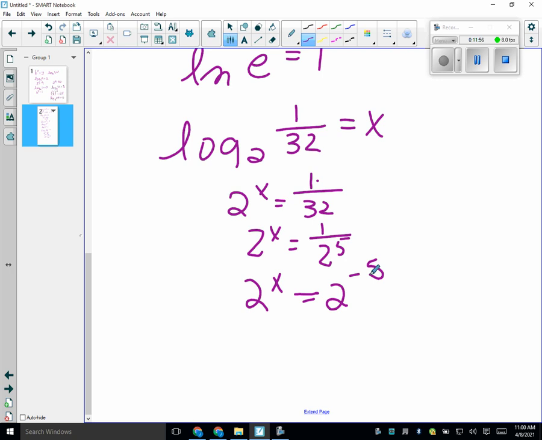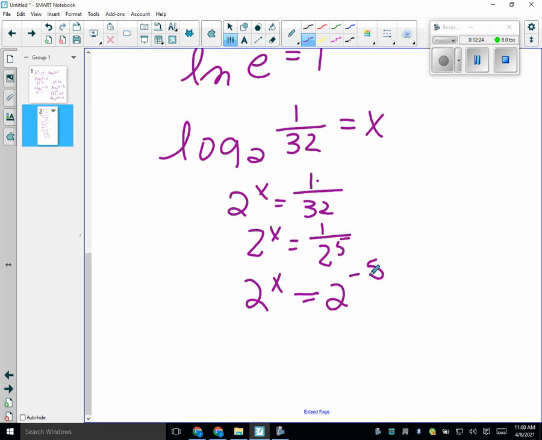But some of them are. So Texas Instruments came up with a way. If you will go on your calculator to math, scroll down until you find log base. Did you?